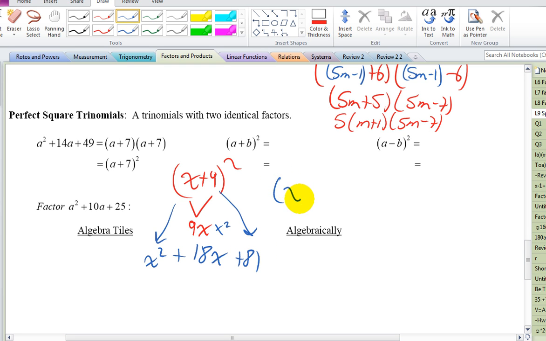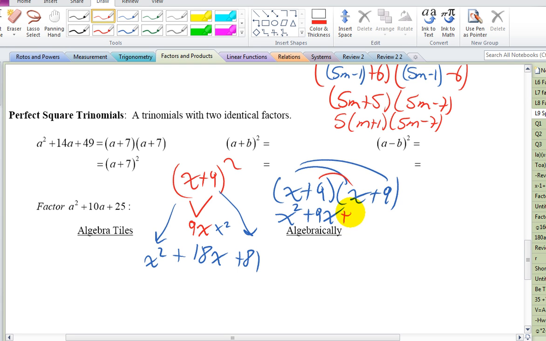So watch this. This is really cool. If you multiply it, you're going to get x squared plus 9x, plus 9x. See how they multiply together and then double? Plus 81 from the last multiplication. So x squared plus 18x plus 81.